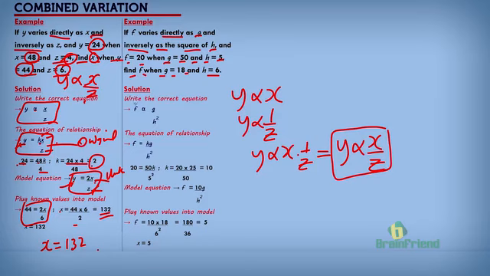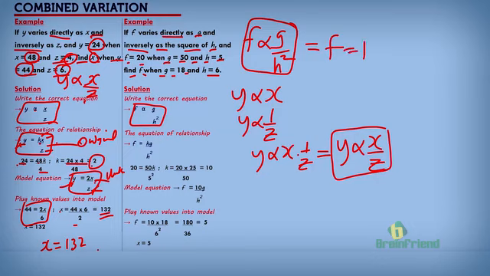So again, make sure you write the correct equation. You said f varies directly as g and inversely as the square of h. So here's our relationship, which is the same as f equals k g all over h squared.